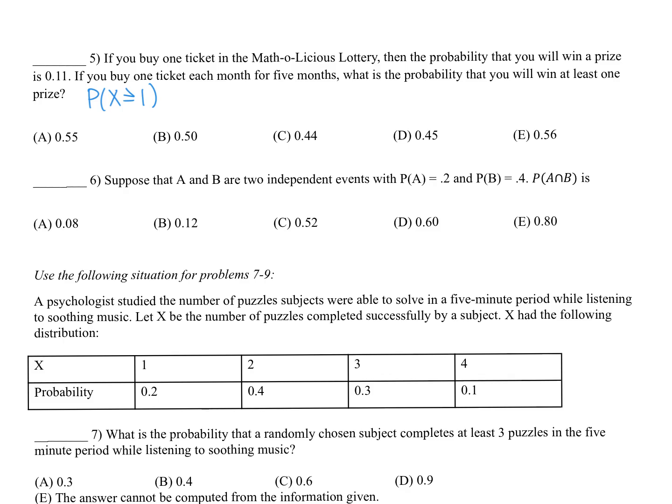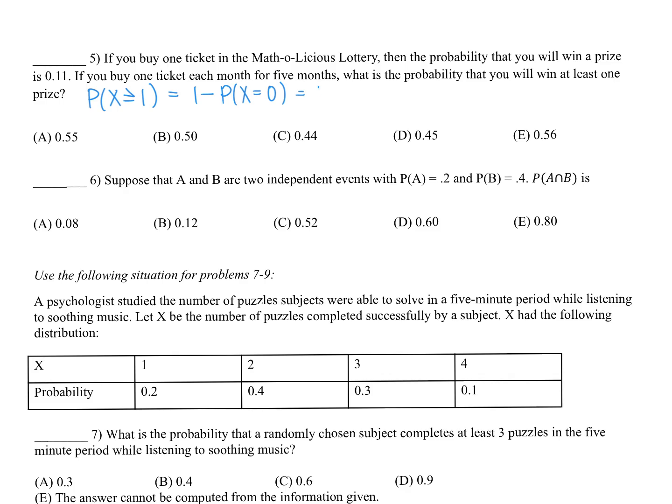So the probability that x is greater than or equal to 1 is the same thing as 1 minus the probability that x is 0, because the only thing remaining is just nothing. If you don't win at least once, that means you've lost all 5 times.